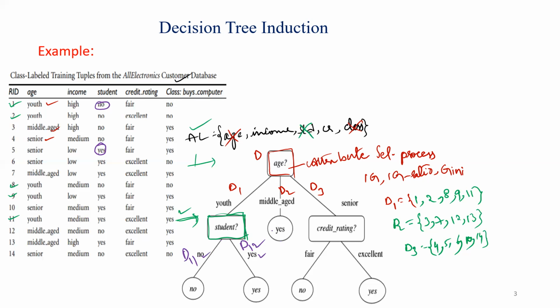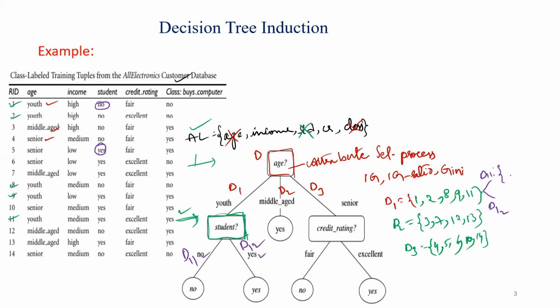What are the tuples that fall under D11? Out of D1, those tuples whose student value is no fall under D11. Here is D1, and this is divided into D11 and D12. What are the tuples present in D11?